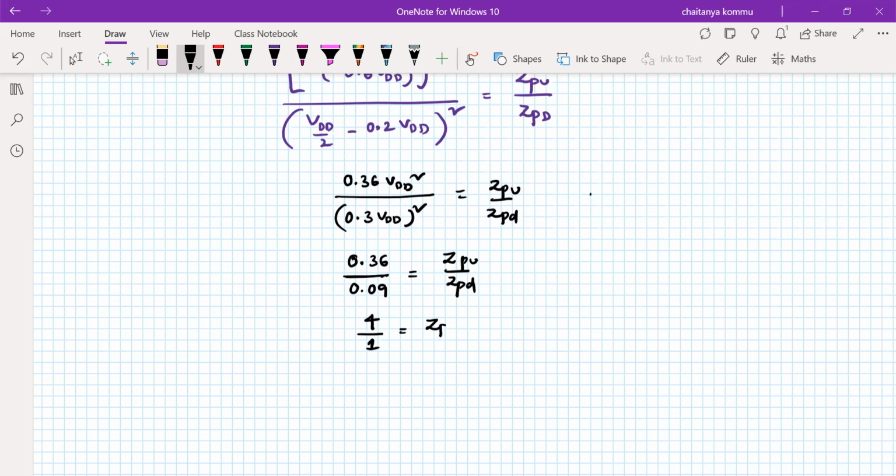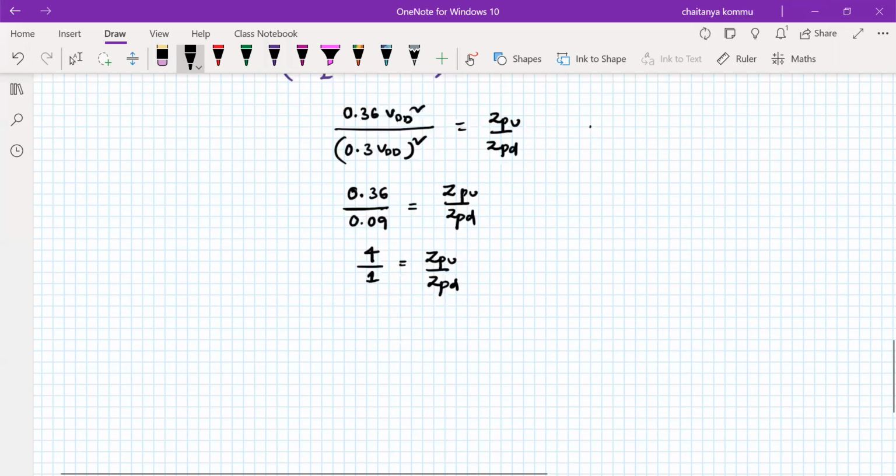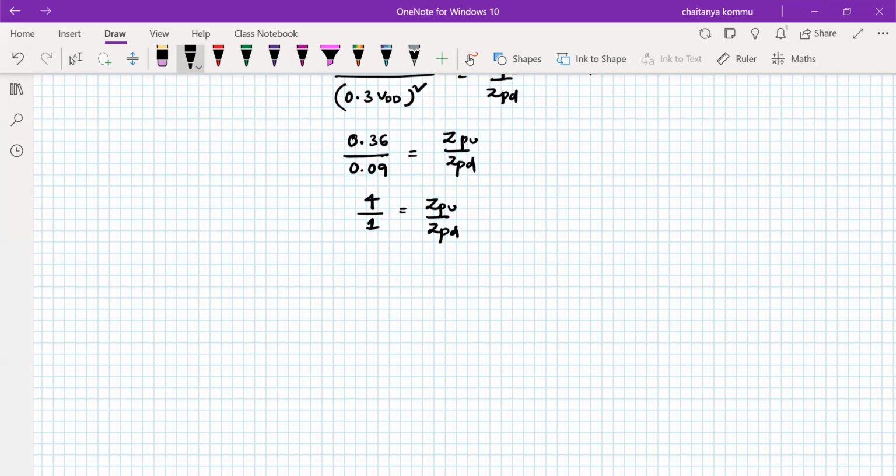Okay, ZPU divided by ZPD. What it says here is that the ZPU value is equal to 4 times ZPD. Agreed? That's what it says. These are the two things that we remember. One thing is that we have to maintain the pull-up to pull-down ratio at 4:1.